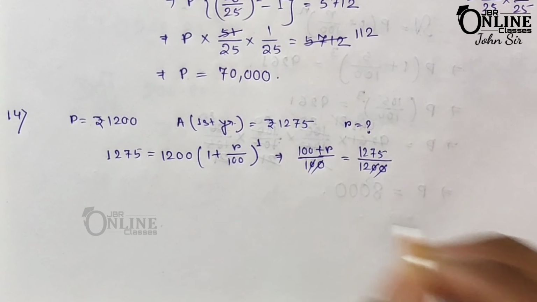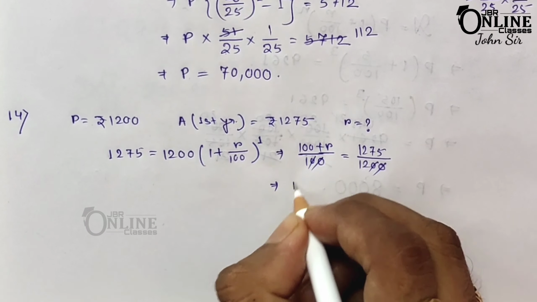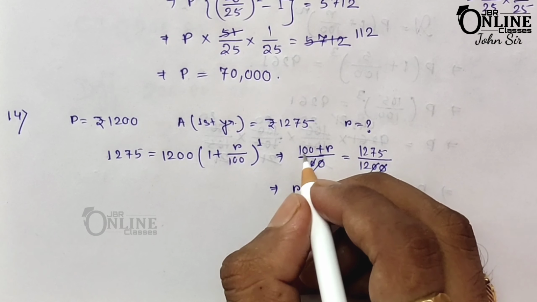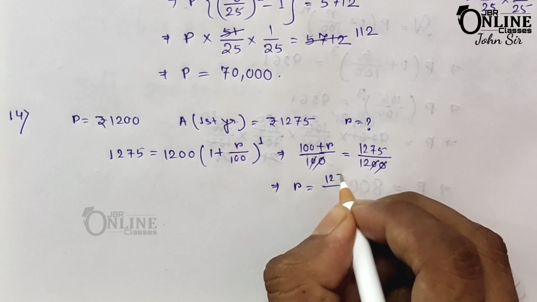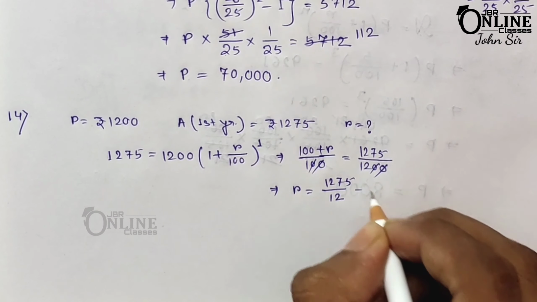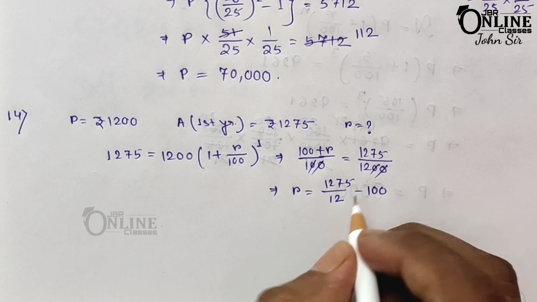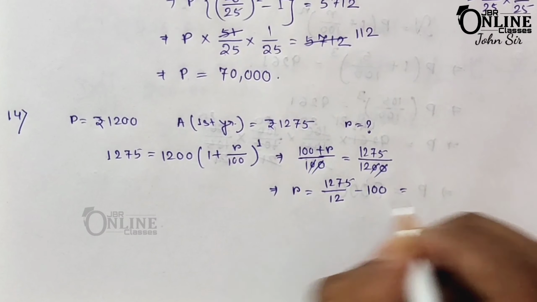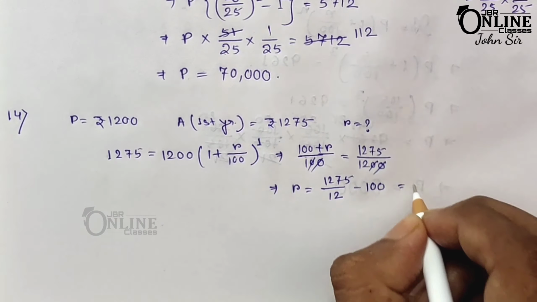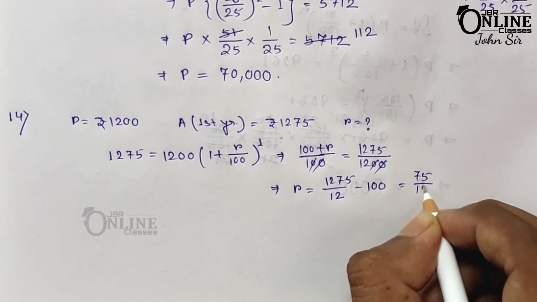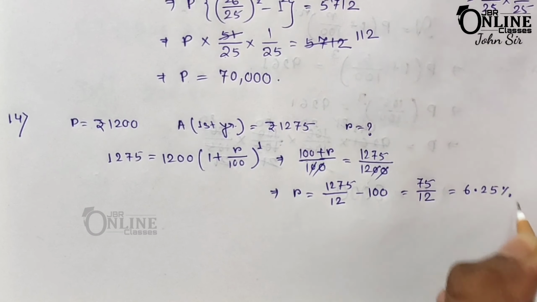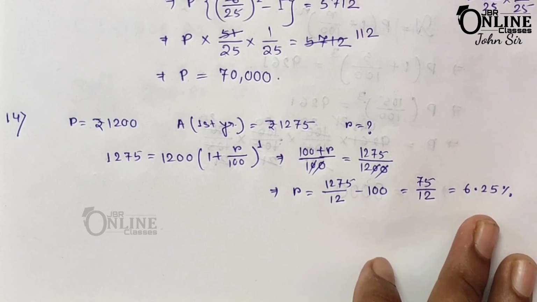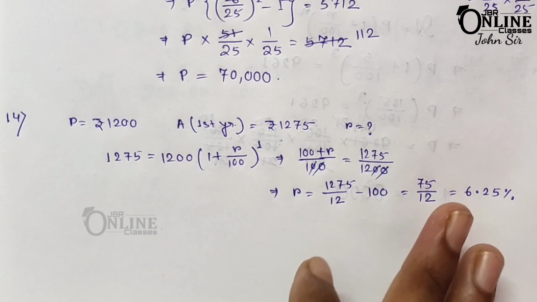Here 0 cancels out, so r equals this minus 100. So 1275 by 12 minus 100, it means 75 by 12, and that equals 6.25 percent. So r equals 6.25 percent.